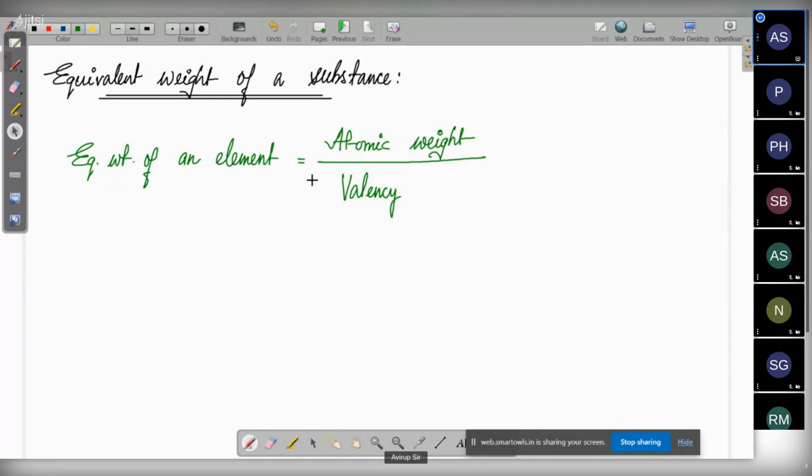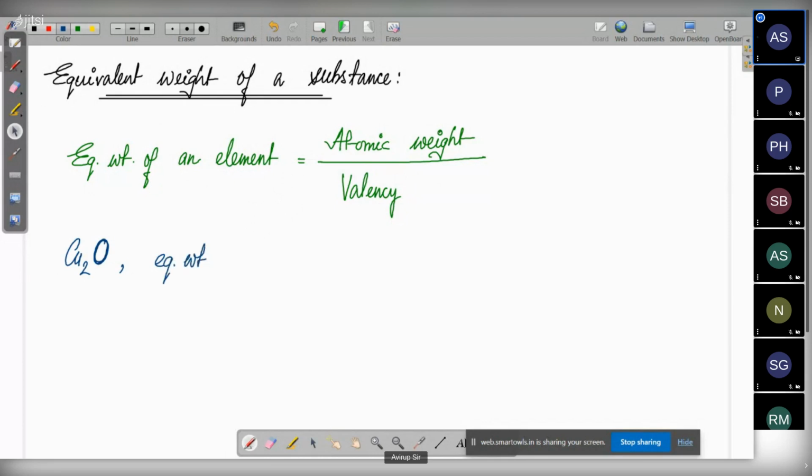It is given by equivalent weight equals atomic weight by valency. So the equivalent weight of an element is atomic weight by valency. For example, suppose I give you Cu2O, can you tell me the equivalent weight of copper?